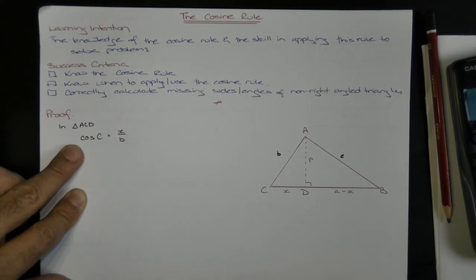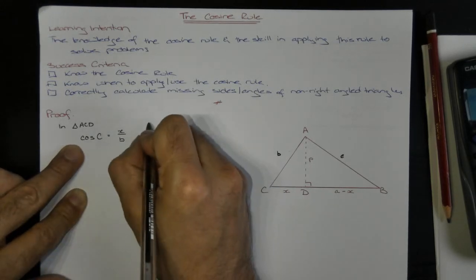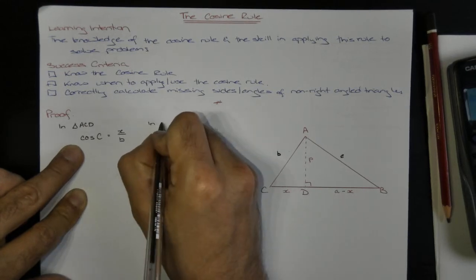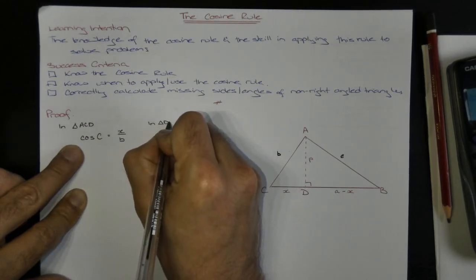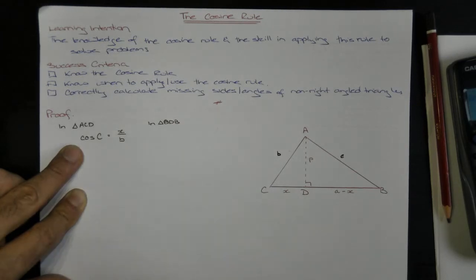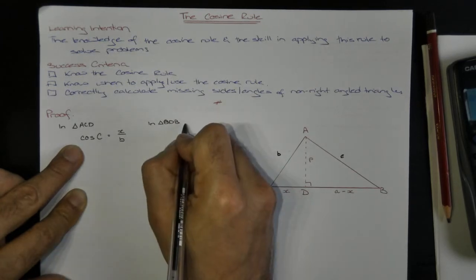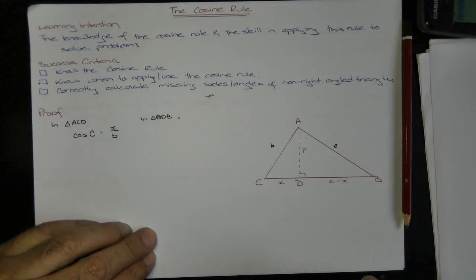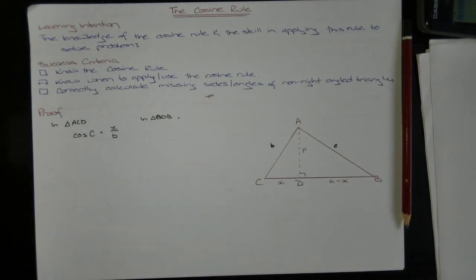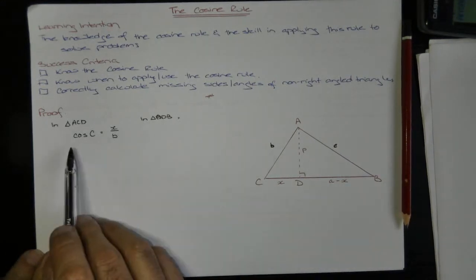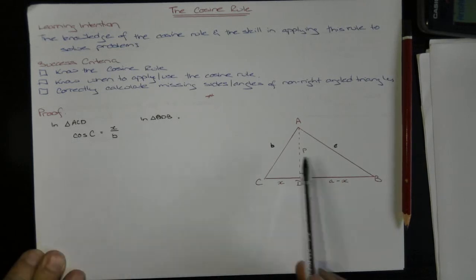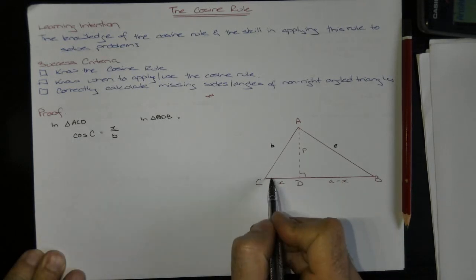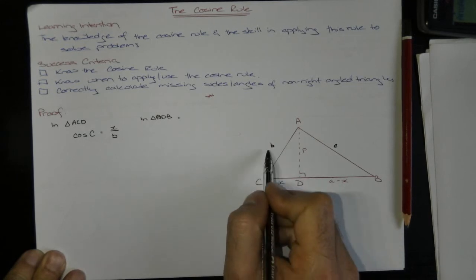So before I look at the other triangle, we've got triangle ACD, where cos C is the adjacent over the hypotenuse, which is x over b.